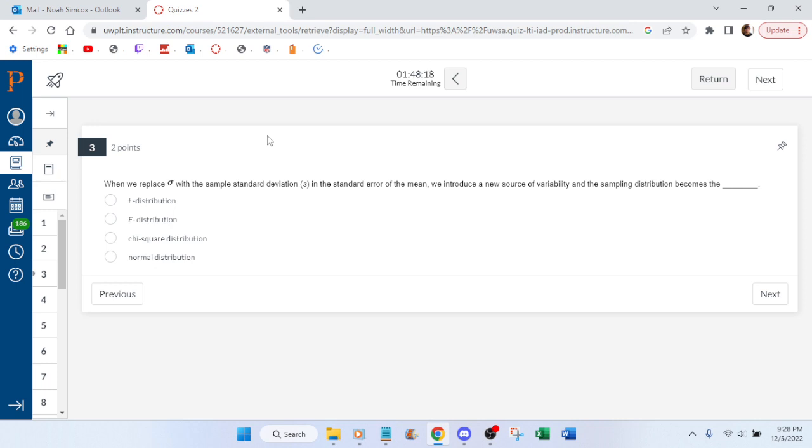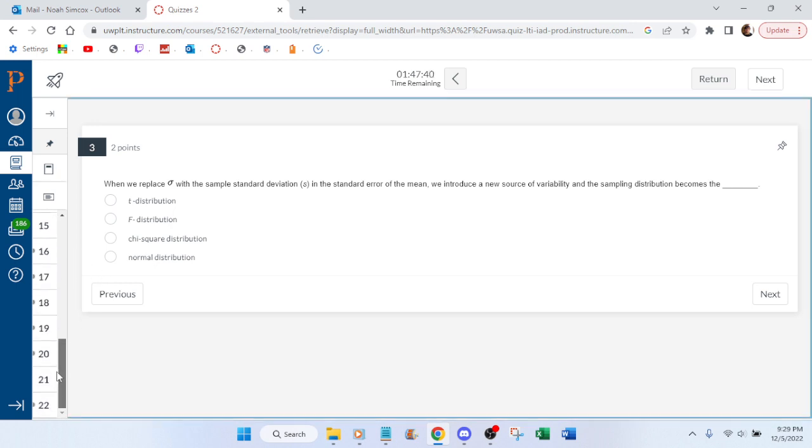So, standard error. I'm going to guess chi-square because it says in the definition that it's useful for estimating standard deviations. I don't know. I'm just going to skip 3 again and do it at the end because I don't think I know the answer to 3.